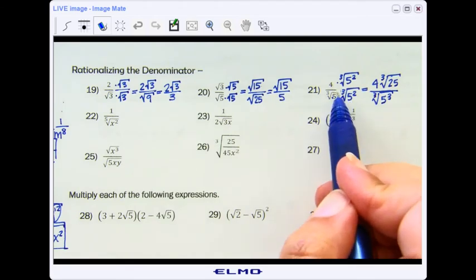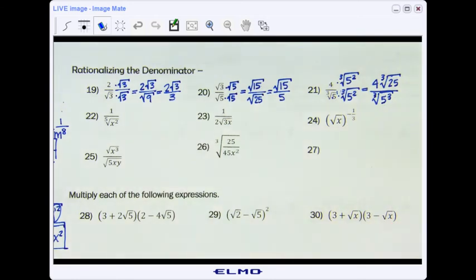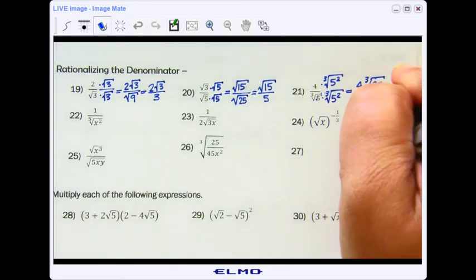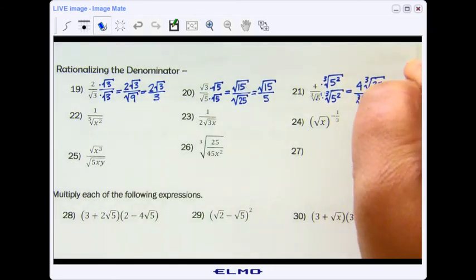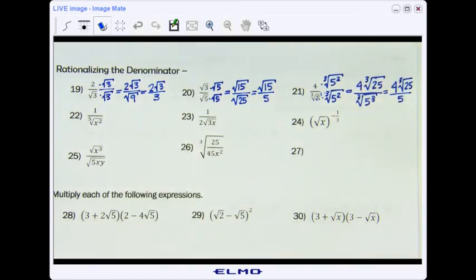When I add those exponents, 1 plus 2, that gives me 5 cubed. Well, the cube root of 5 cubed is just 5. So this is 4 times the cube root of 25 over 5. Again, be careful. You can't reduce this 25 by 5. This 5 is no longer in a cube root.